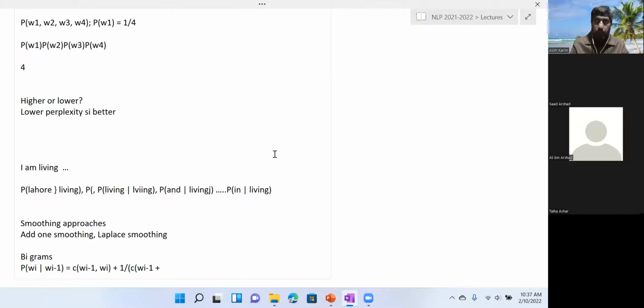Let me write it down first and I'll explain later. So you're adding the vocabulary size V into the denominator.